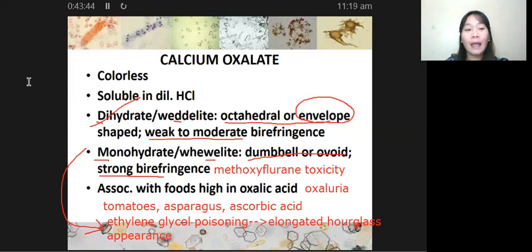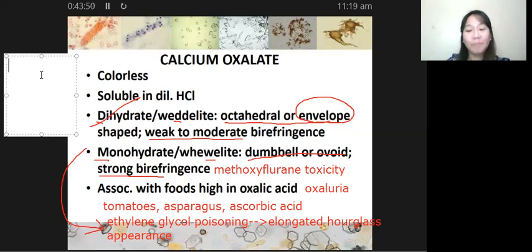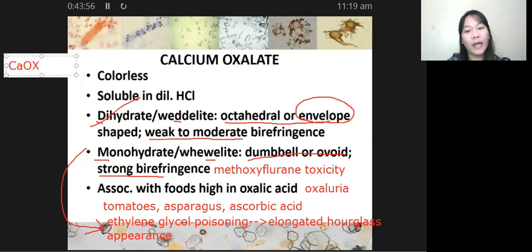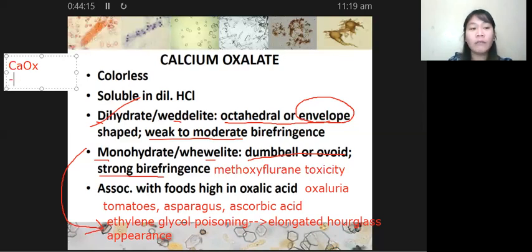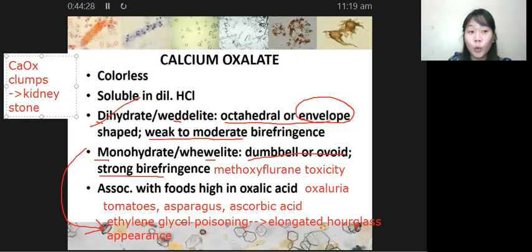I am also discussing renal pathology, incorporating it here in our discussion of sediments, so that we can better understand renal pathology. If CAOX is seen in clumps under the microscope, this is usually associated with the presence of kidney stones.